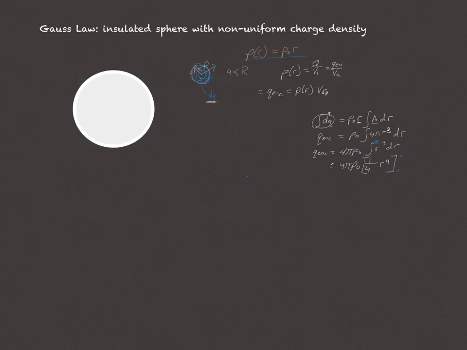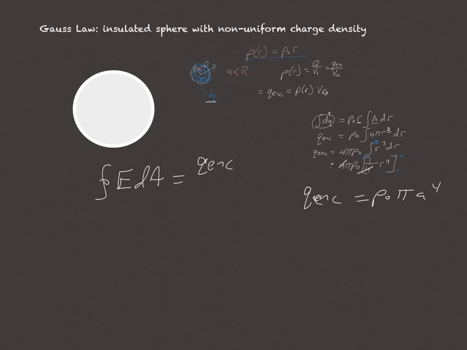So that the total charge enclosed, so the 4 cancels out, is going to be equal to rho naught pi a to the fourth. Now that we have the amount of charge enclosed, apply that into Gauss's law. dA, again, is the area of the Gaussian surface, and that was drawn to a distance a.